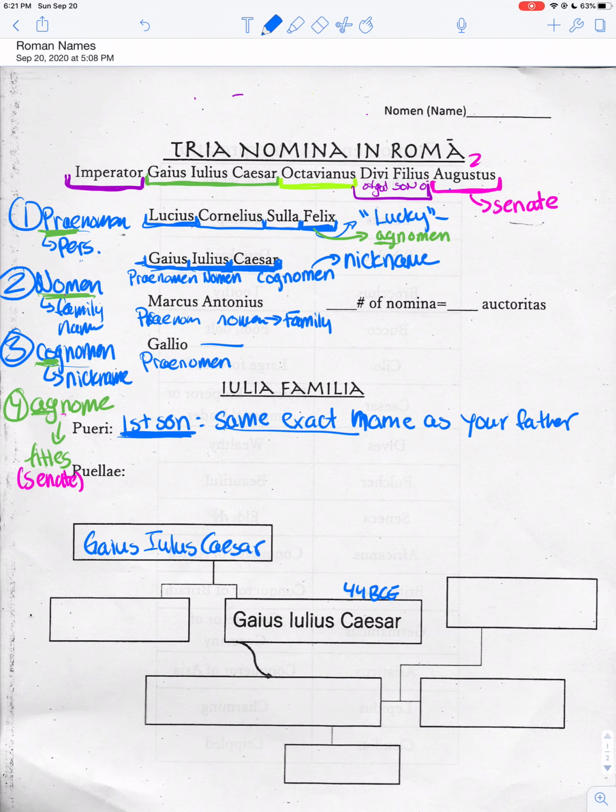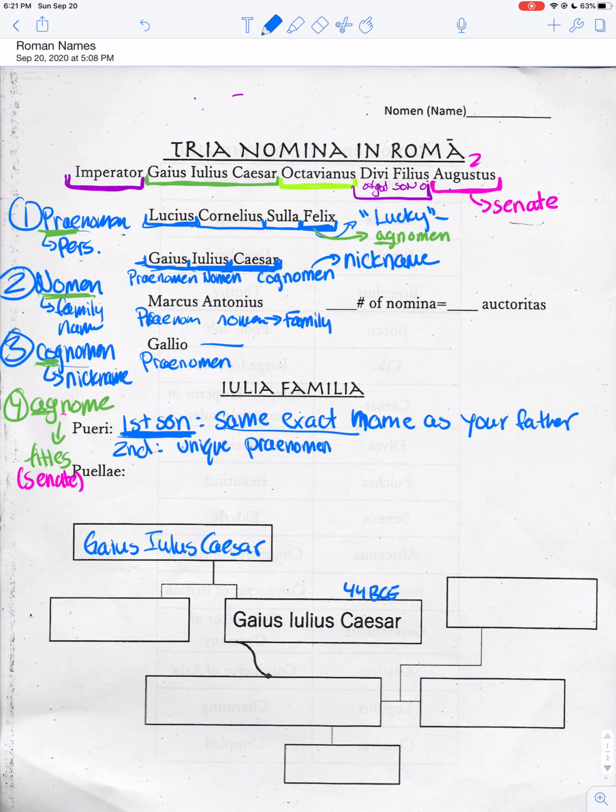And then second sons, if we ever had a second son, there's no second sons involved in this part of the Julius tree. But they had their unique praenomen, so their personal name.